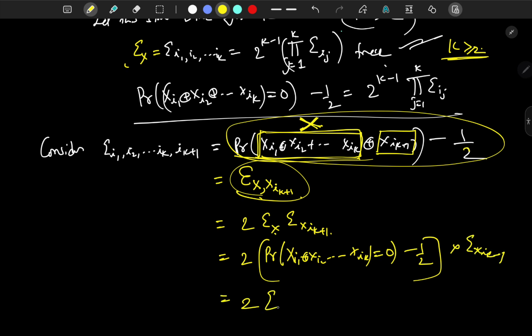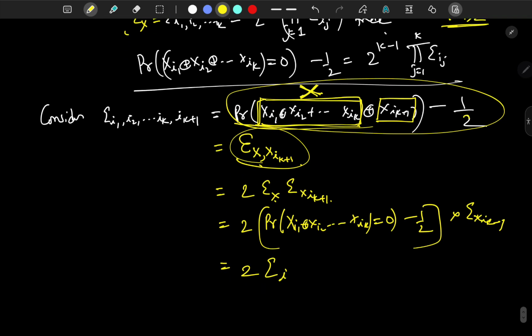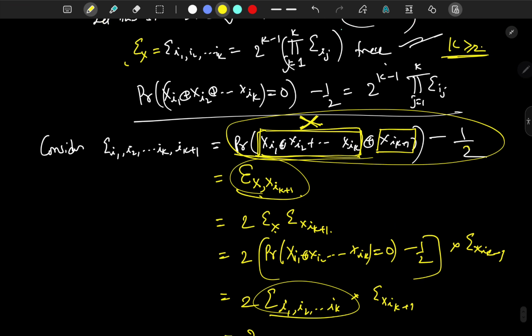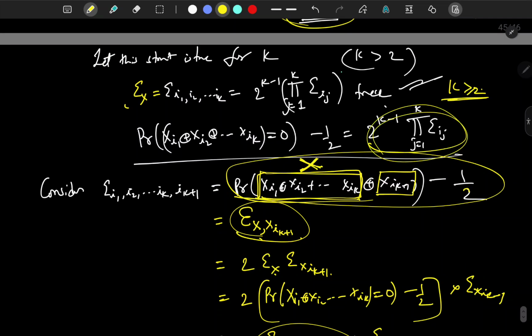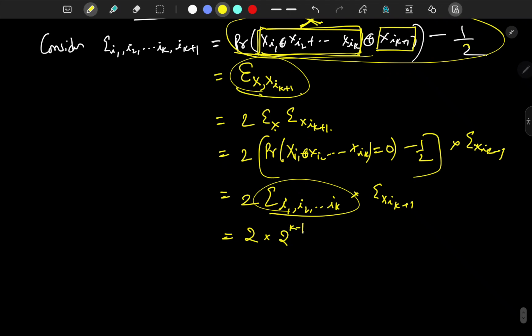Again, this can be written as epsilon of I1, I2 and so on Ik into epsilon of X(I(k+1)). Now by direct substitution, this becomes the product over j equals 1 to k of epsilon of X(Ij), into epsilon of X(Ij).